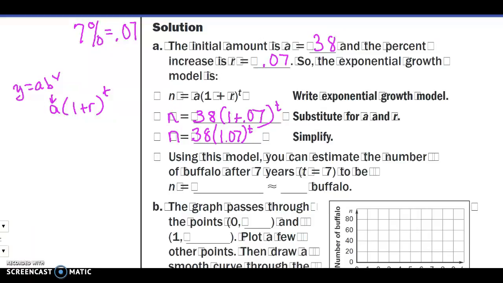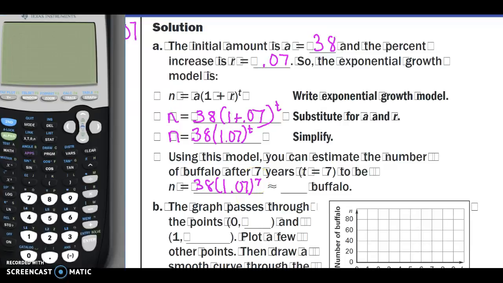So to do that, we would put n equals 38 times 1.07 to the 7th power. And then you can just put that in your calculator. So we have 38, and put that in parentheses, then 1.07, and then caret, and to the 7th power.